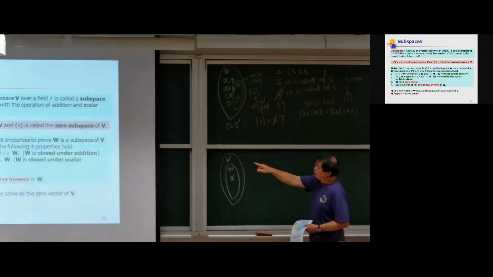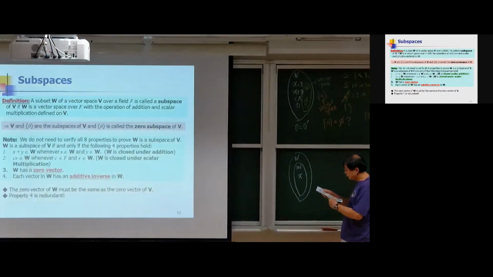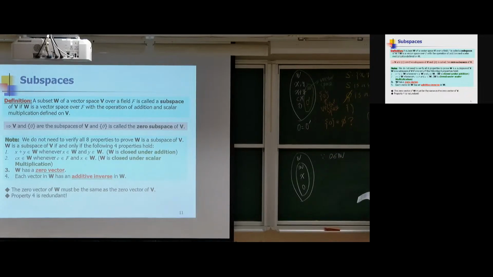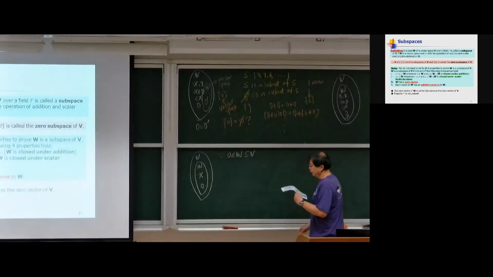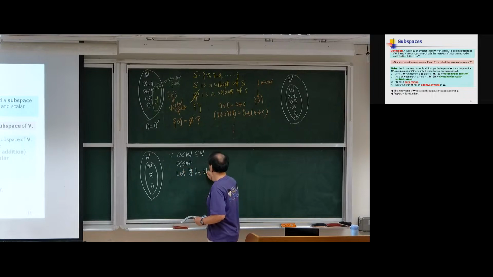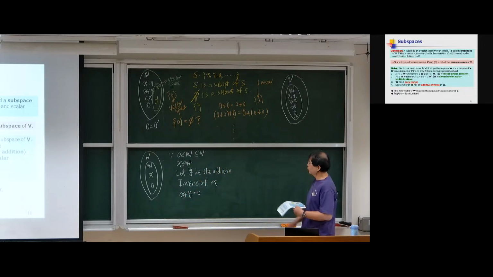So if 1, 2, 3 are correct, then we have a 0 vector in W, and this is the same 0 vector in V. Because 0 belongs to subspace W, and subspace W is contained in V. And also X belongs to W. So we let Y be the additive inverse of X, such that X plus Y equals 0.